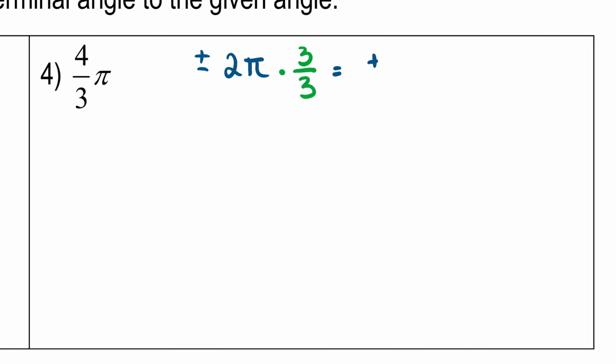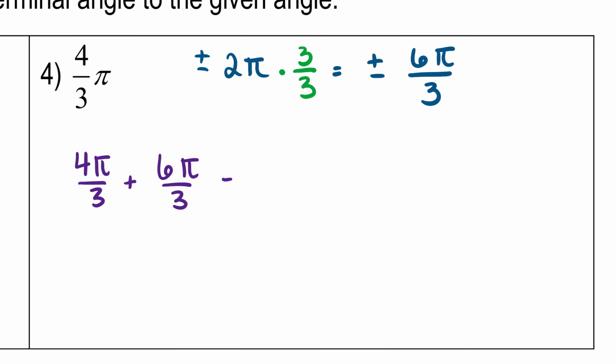So now I'm going to add and subtract. 2 times 3 is 6 pi over 3. Now I'm good to go because of the same denominator. So I have 4 pi over 3 plus 6 pi over 3, and then 4 pi over 3 minus 6 pi over 3.